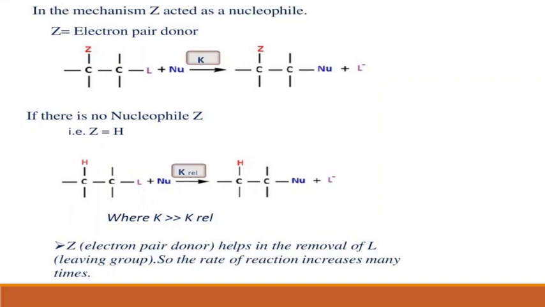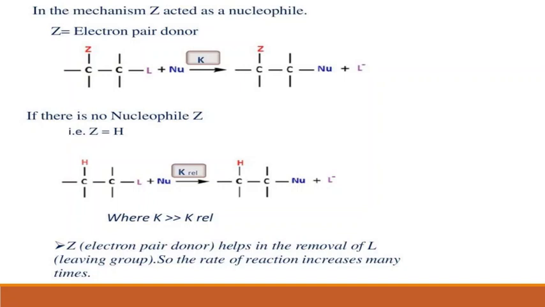Thus the reaction rate will be very low in comparison with the first one. That means we can say when there is neighboring group participation occurring, the reaction will be very fast, else the reaction will go very slowly.